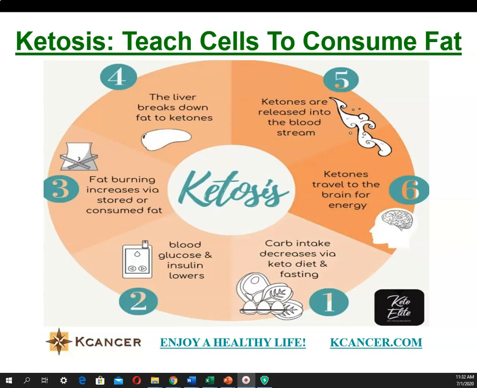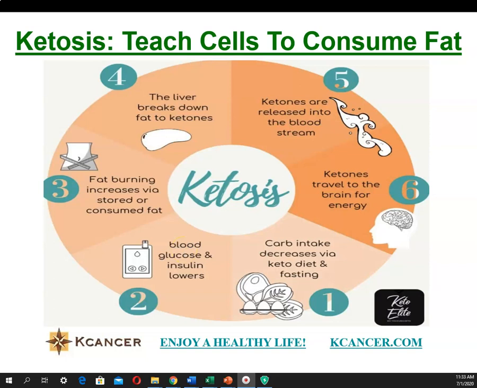Here let's look at the details of how this works. When you use the keto diet, as I mentioned, you have higher fat and lower carbohydrate. So the carb intake will be decreased and you have much more fat intake. And because your intake of carbs is reduced, the blood glucose is reduced.